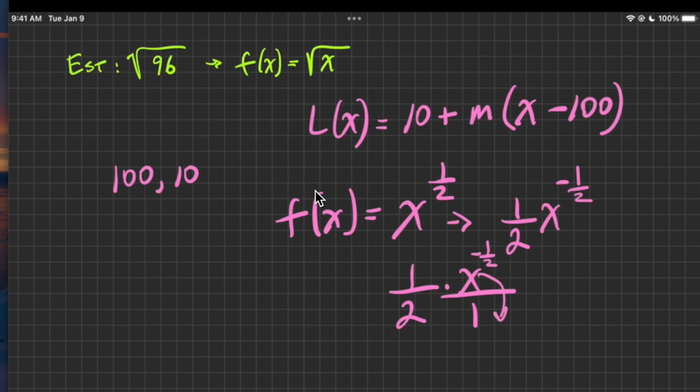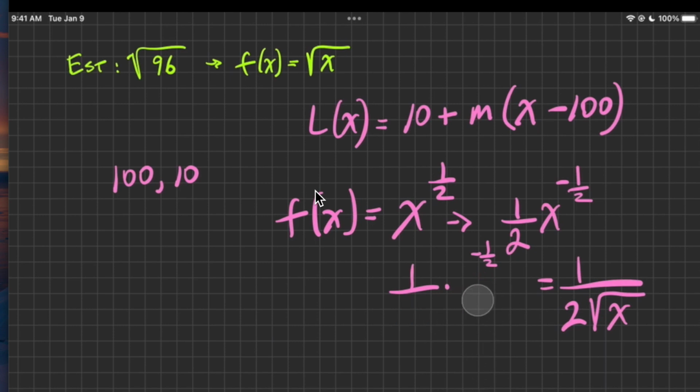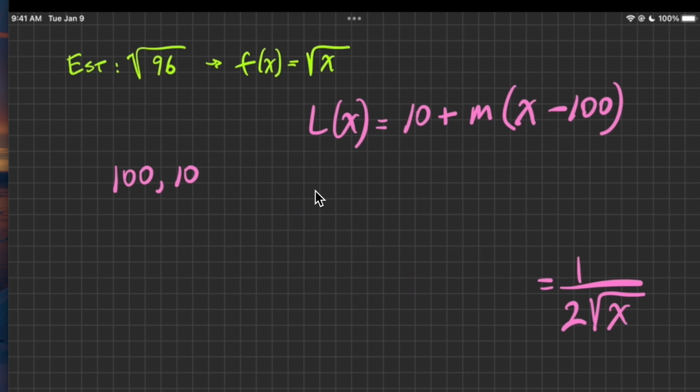I'm going to bring this down and change this to 1 over 2 times x to the 1/2 power, and then I'm going to rewrite this as a radical, which is the square root of x. That's our derivative.